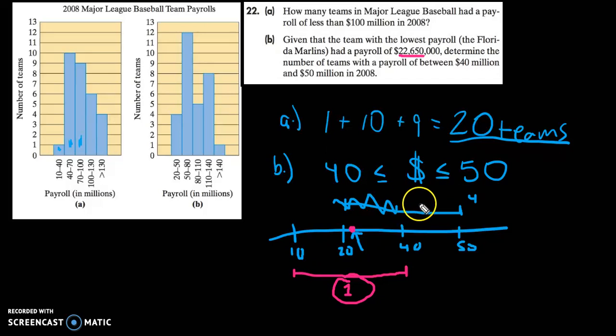So the other 3 remaining teams must be between 40 and 50. So you can explain that, but I do think it helps to draw it out and you can see what they're talking about. So 3 teams have a payroll between 40 and 50 million.